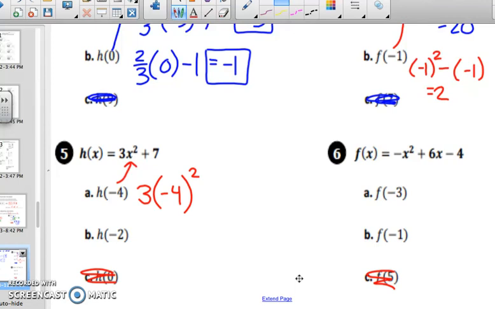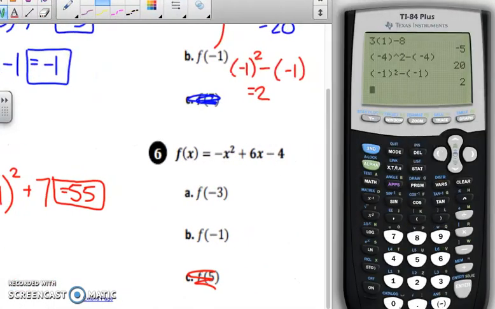Squared goes on the outside, and then bring down that +7. Okay, so in your calculator, you would do 3 parentheses -4 squared +7. And you should get 55. So if you did not get 55, please raise your hand so I can help you out. And we're actually going to skip B to save some time on that one.